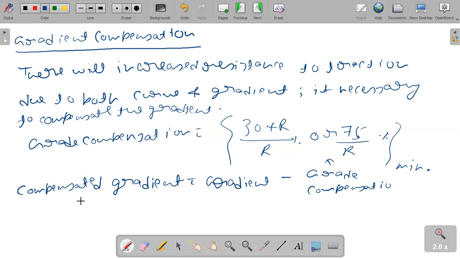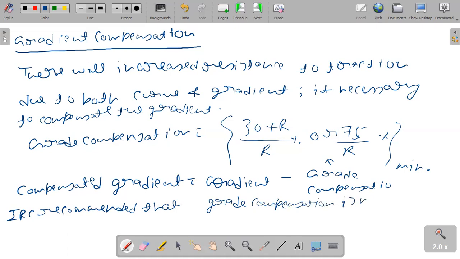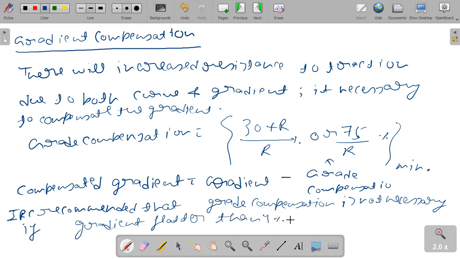If this gradient is flatter than 4%, then grade compensation is not necessary.